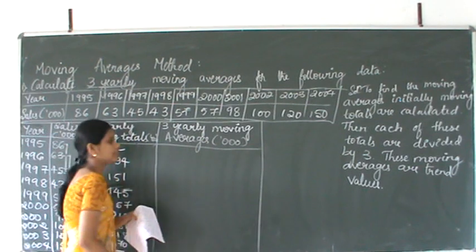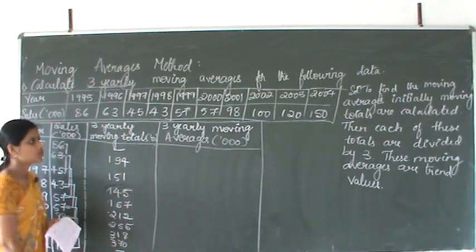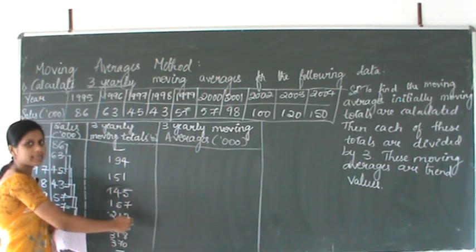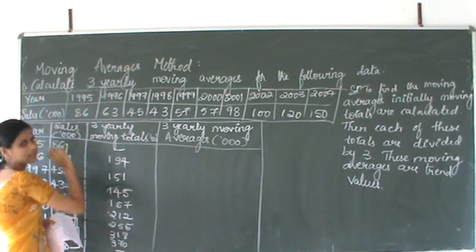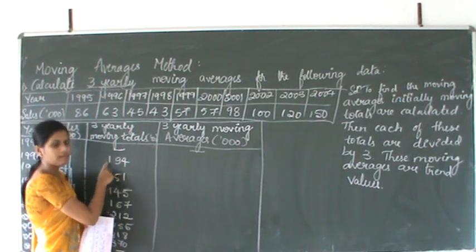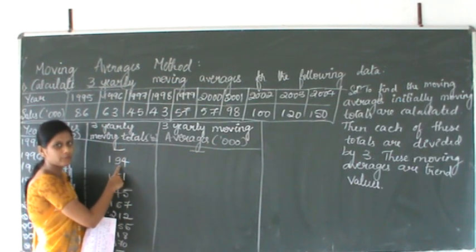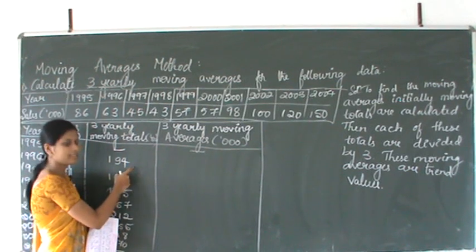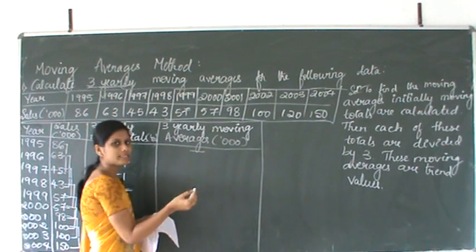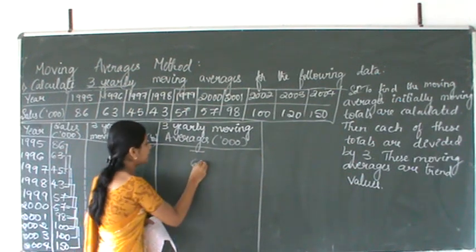You are going to calculate 3 yearly moving averages. So how do we obtain the averages? Whatever totals you have obtained will be divided by 3. So the first line will be blank. Second, the total is 194. We are going to divide it by 3. So 194 divided by 3 is 64.66. We can round it off as 65.